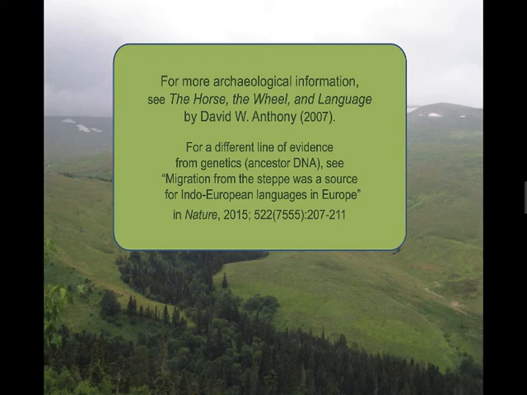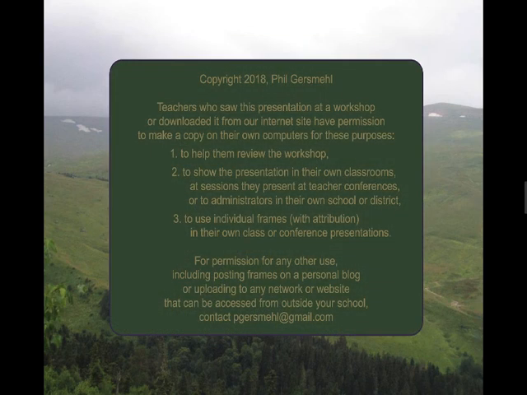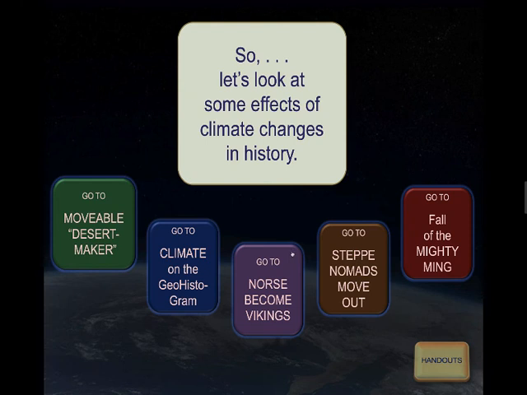There's more archaeological information. The story has been verified by DNA evidence, and we give you references to that. In other words, this is one more example of a PowerPoint that's out there.